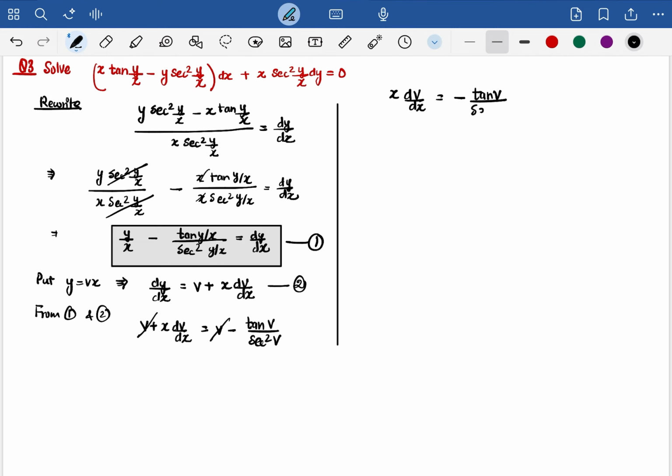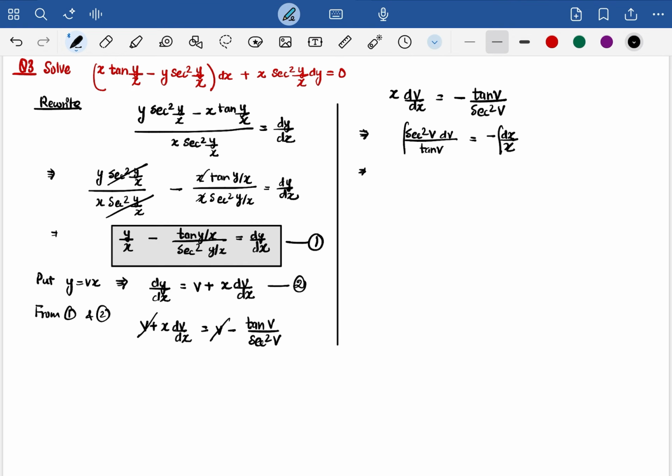If we apply the method of variable separables, meaning taking v on one side and x on the other side, can we say sec square v dv by tan v is equal to minus dx by x. Now just integrate.